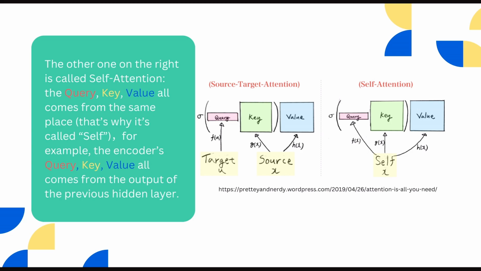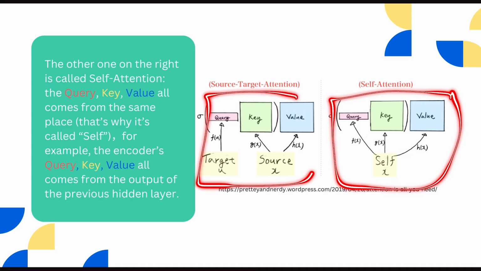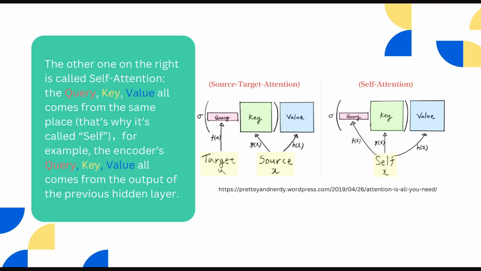That's why it's known as self attention. For example, in the encoder, query, key and value all come from the output of the previous hidden layer. So self-attention is used within the encoder and decoder layers. Okay, so this is the source target attention and this is what we call self-attention.